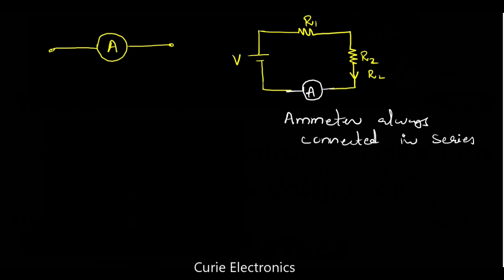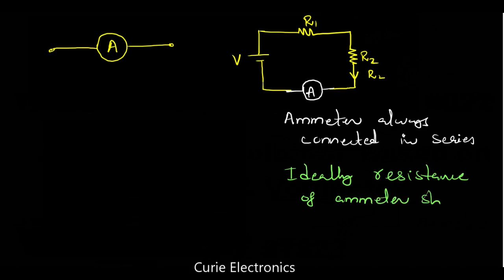That is, ideally the resistance of the ammeter should be 0, so that it doesn't affect the current flowing through the circuit.